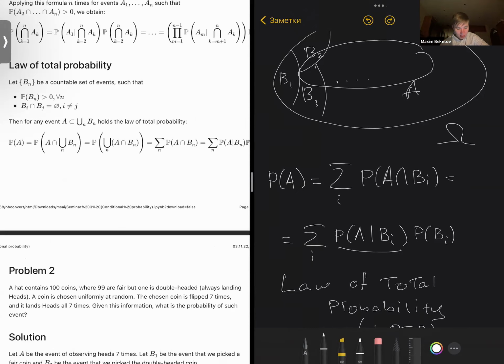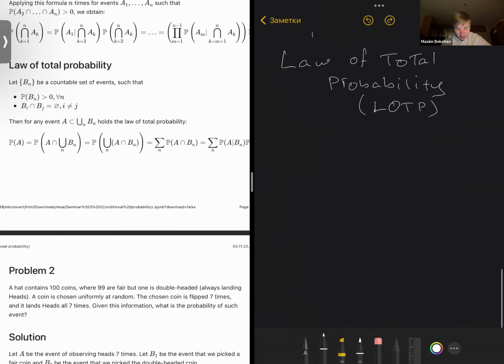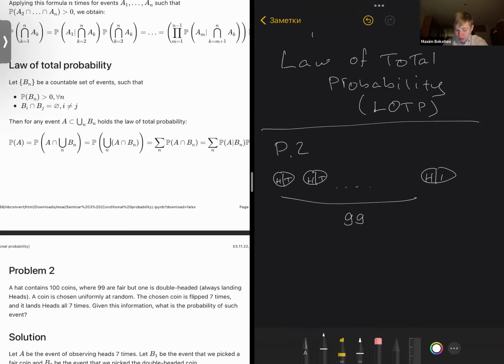Okay, imagine you have a hat. It contains 100 coins, where 99 of them are fair, but one of the coins is double-headed. So you have coins, problem 2, heads or tails. There are 99 normal coins and one coin that has heads and heads.